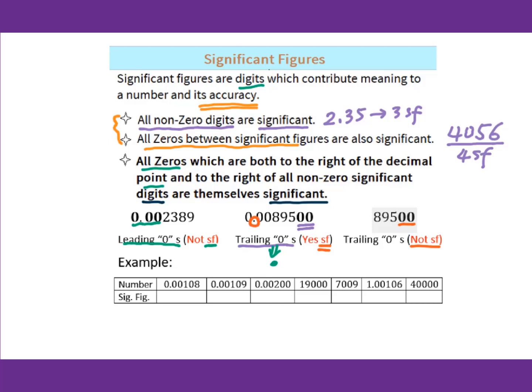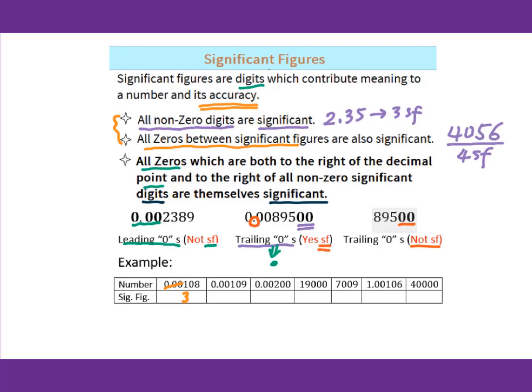For example, we have the number 0.00108. These are leading zeros. They won't count as significant figures. Therefore, we have 3 significant figures for this number.